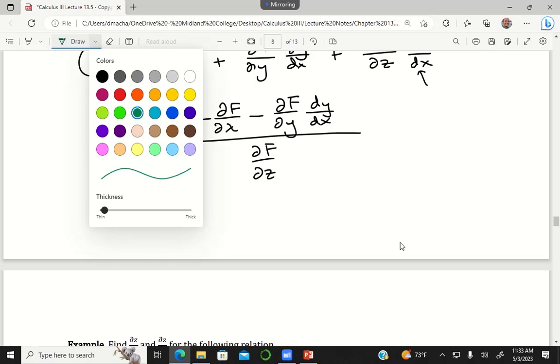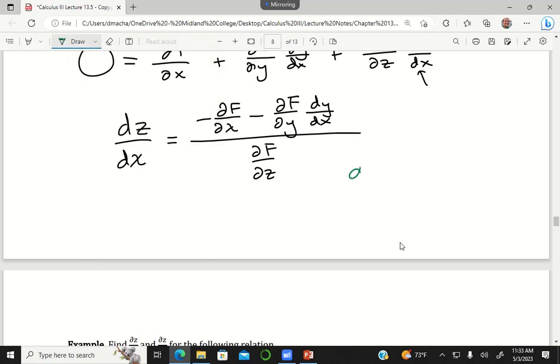So to sum up and get to the answer, the partial of z with respect to x is just going to be the part with negative partial of f partial of x over partial of f partial of z.